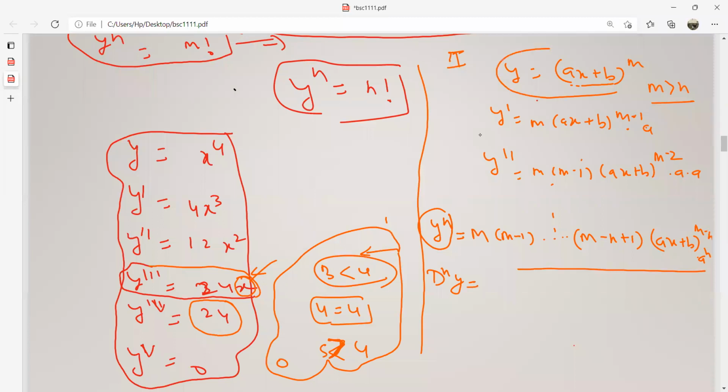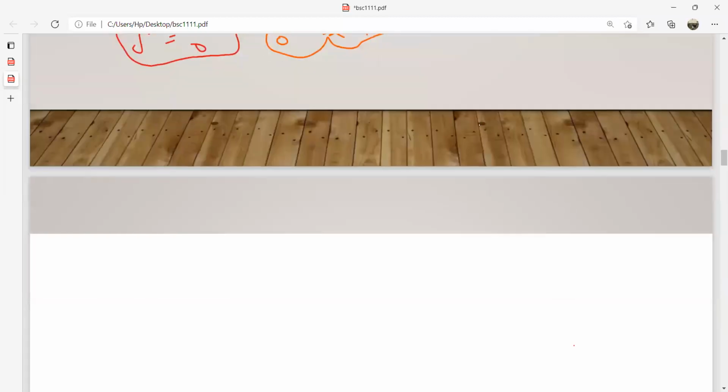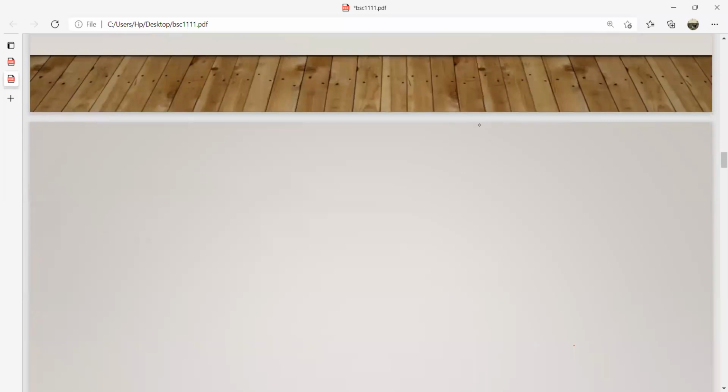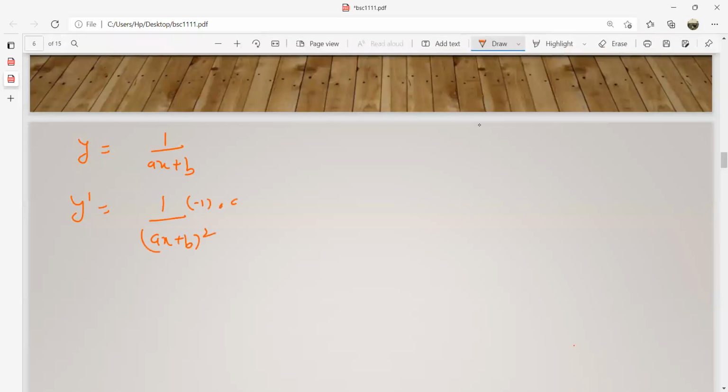If you are given such a function (ax plus b) to the power m, this is the binomial expansion form. In another form, I take this one here. Suppose you are given a function 1 upon ax plus b. If you differentiate this function the first time, you simply find 1 upon (ax plus b) whole square into minus 1 into a.